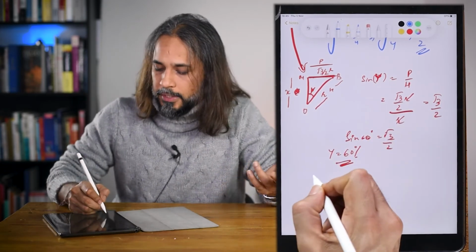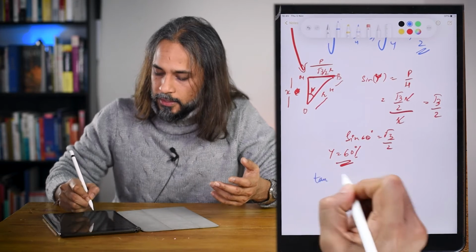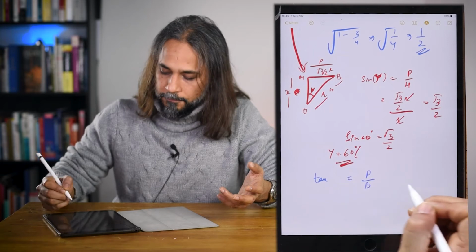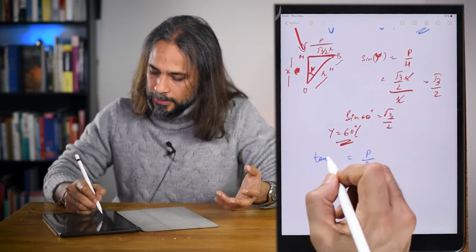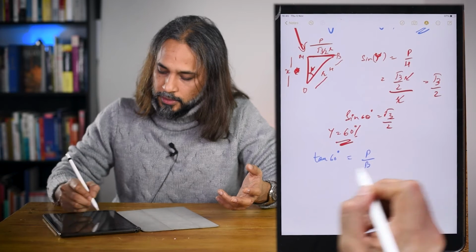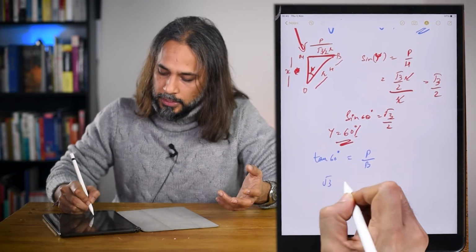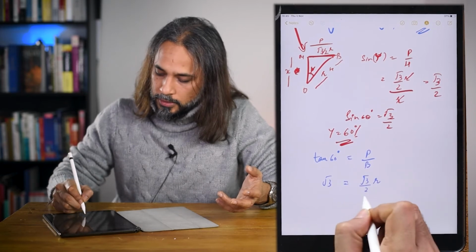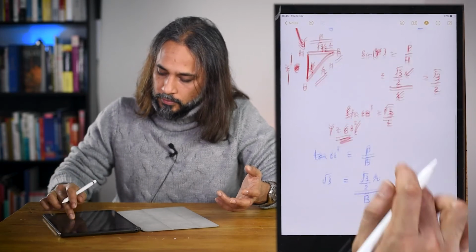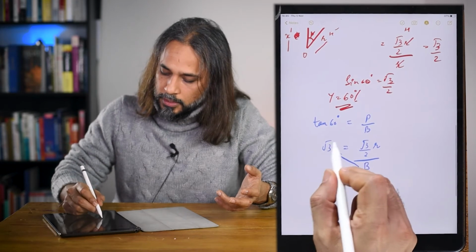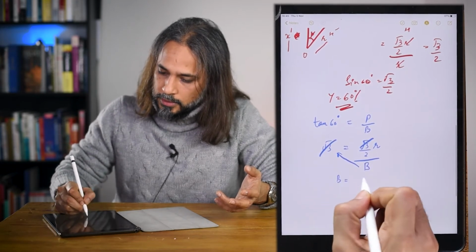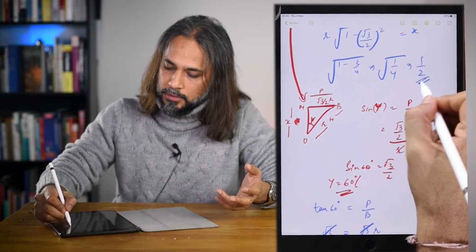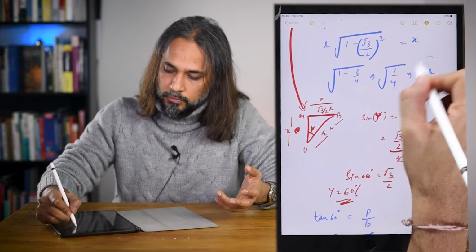Let's make it a little bit difficult and consider tan, which is perpendicular by base. Tan of 60 degrees we know is root 3, equal to the perpendicular, root 3 by 2 R, divided by base. The root 3 gets cancelled, so the base is equal to 1 by 2 of R. This is the same answer.